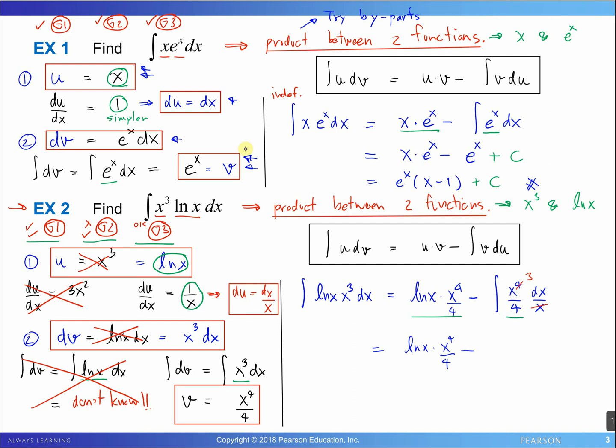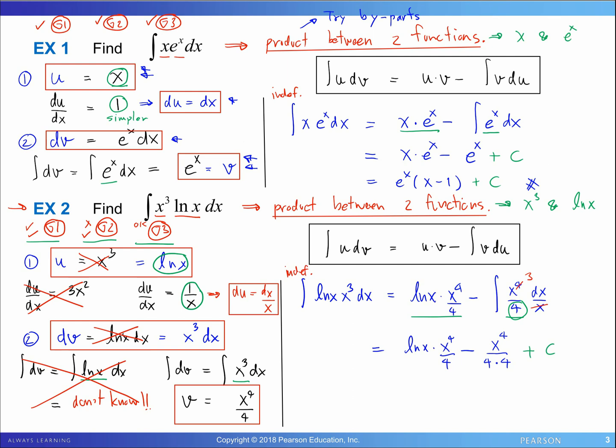We have x, and the power increases by 1, so we have 4, divided by the same number down here. And don't forget that we have another 4 right here, so let's bring it down, divided by another 4, right here. Once again, this is an indefinite integral, so we must have a constant c at the end, plus c right here.